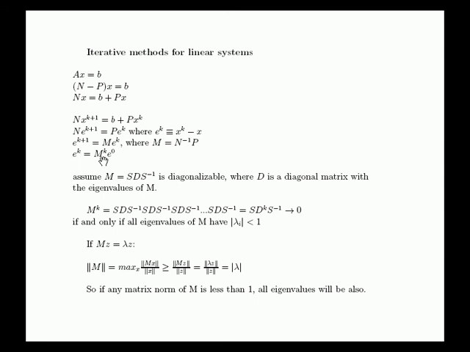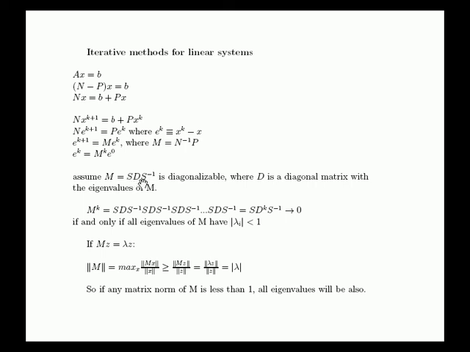Now it's known that the powers of a matrix M go to 0 if and only if all the eigenvalues are less than 1 in absolute value. And we can prove that in the case where M is diagonalizable. In the more general case it's harder, but let's just prove that if M is similar to a diagonal matrix, you know from linear algebra that not all matrices are, but a lot of them are.